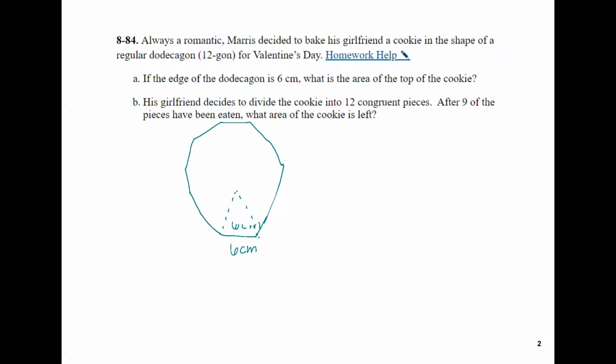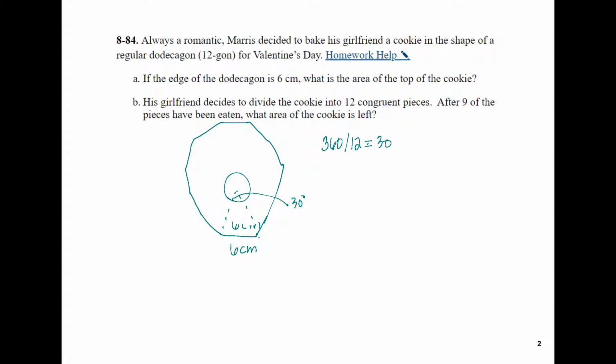We know that there are 12 triangles because there are 12 sides, so we can take 360, divide that by 12, and we get 30. So my central angle is 30 degrees.